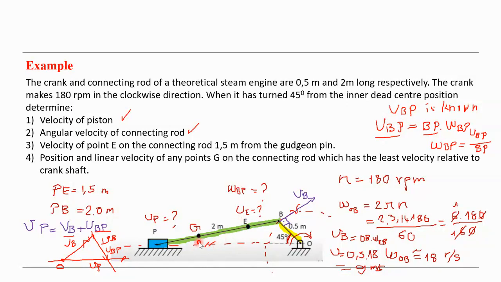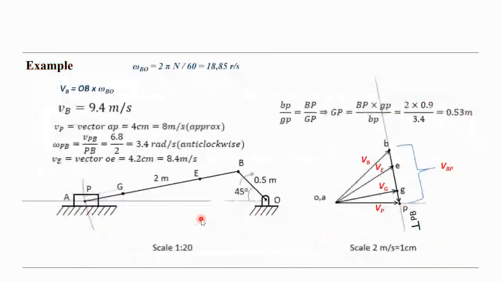So relative to the crankshaft, actually relative to the point P. Relative means it must be on the same line, and this is the length here. If we use the graphic, this is the length. This is the relative velocity.